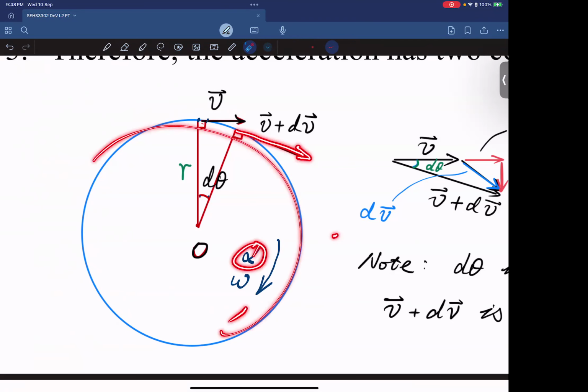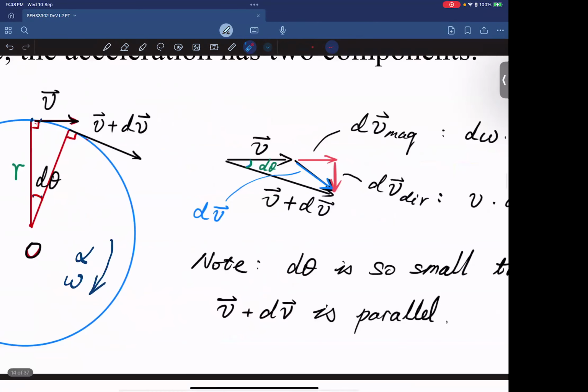It rotates faster and faster. So initially it is V, and at last it is V plus dV, longer than before. On the other hand, there is a direction change: initially it points to the right, and then it points to the lower right.